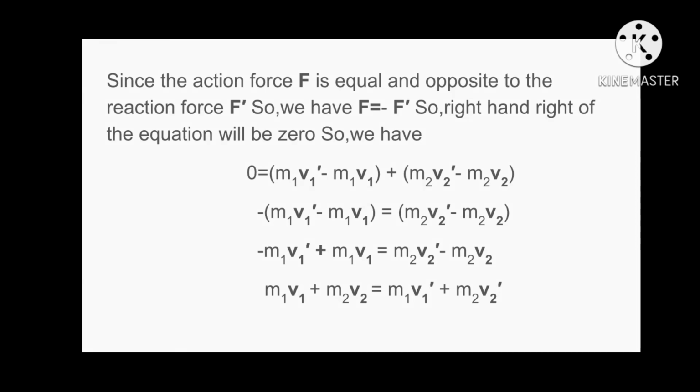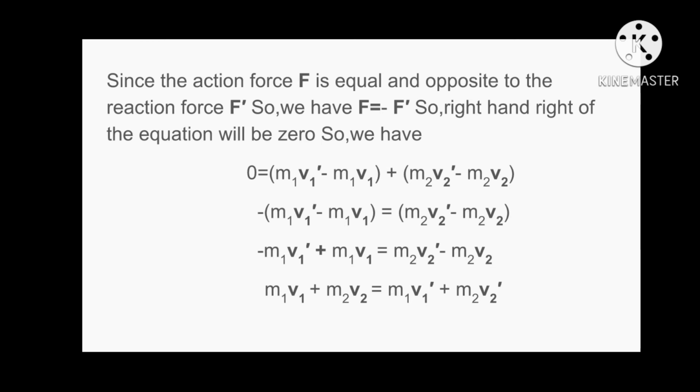When m1 v1 prime minus m1 v1 is moved from one side of the equation to the other, obviously its signs will become opposite, so we write a negative sign outside the bracket. So we write minus into m1 v1 prime minus m1 v1 is equal to m2 v2 prime minus m2 v2.